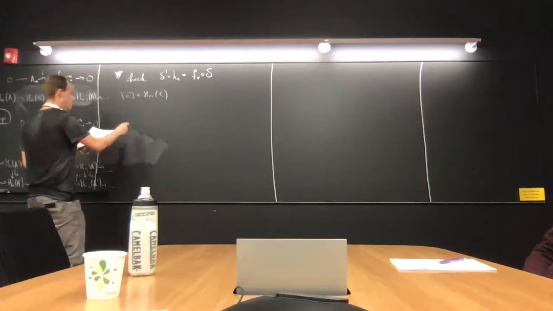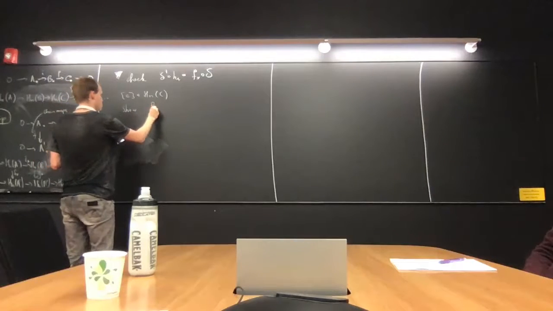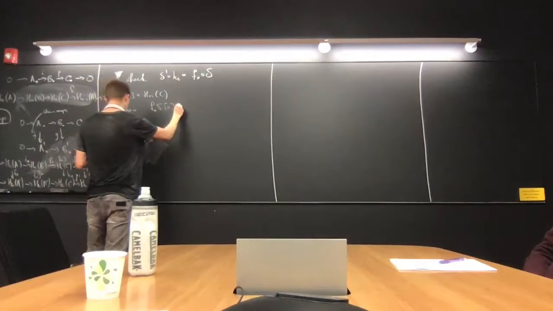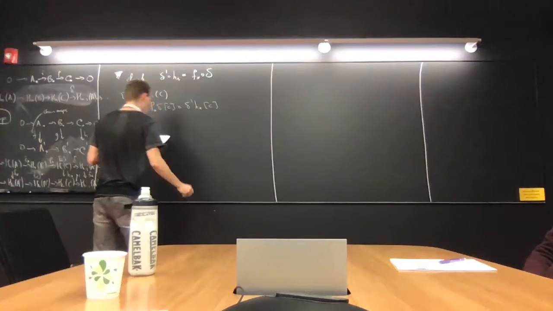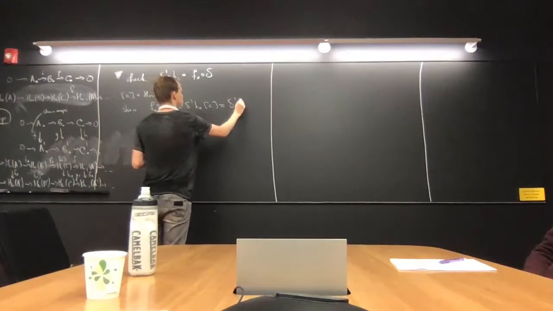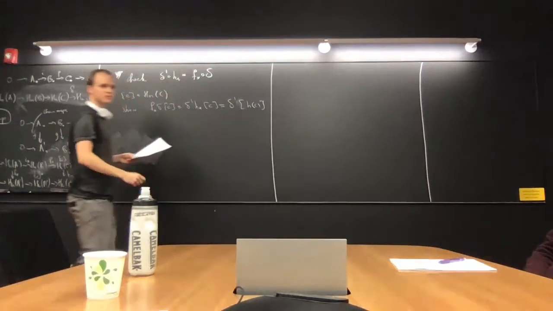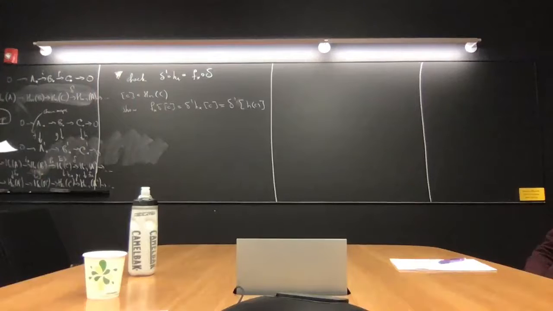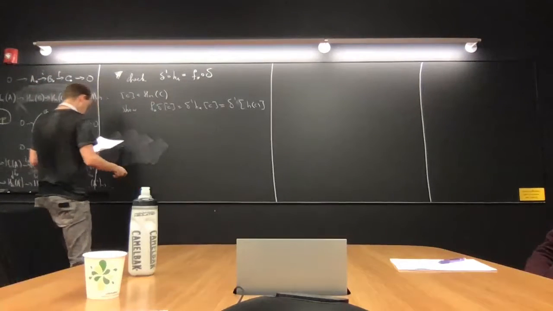So we must show that f star delta of c equals this. Of course, this is the same as the class of h of c. All right.